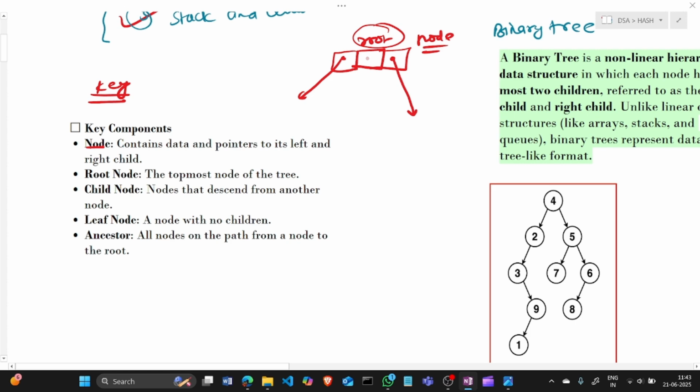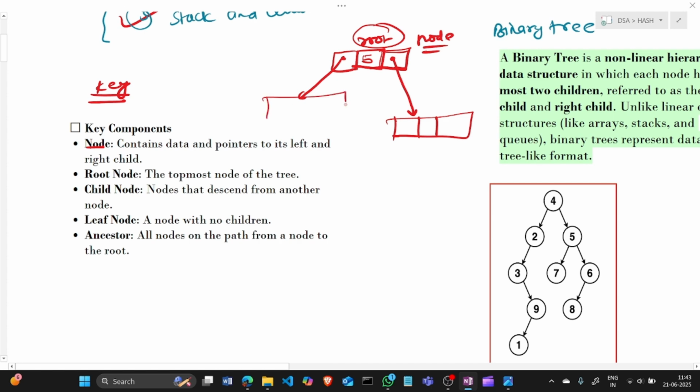Here the data is stored, like 5, 3, or any name, Sachin, etc. This pointer will point to the next node, the right child.